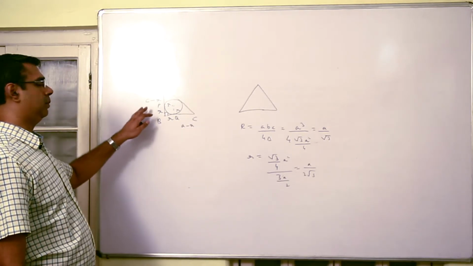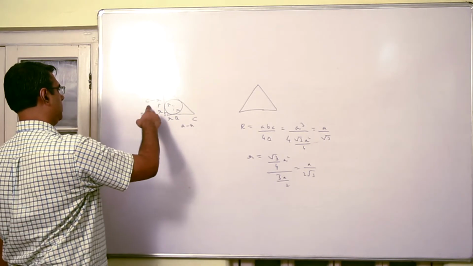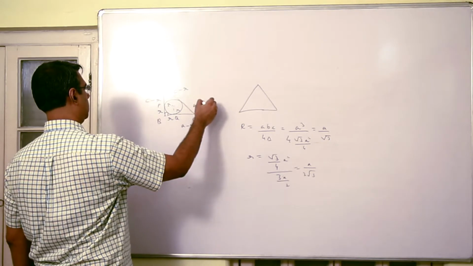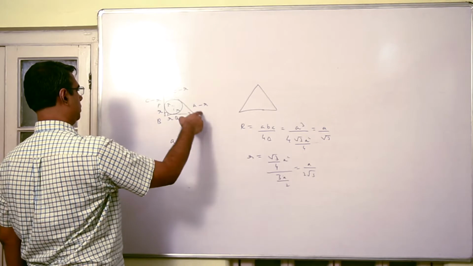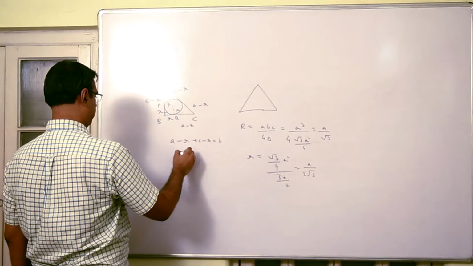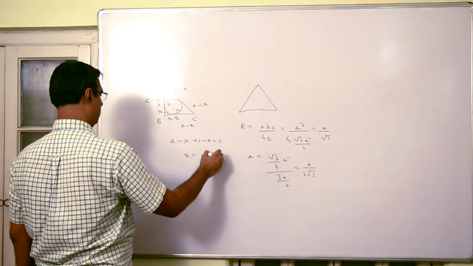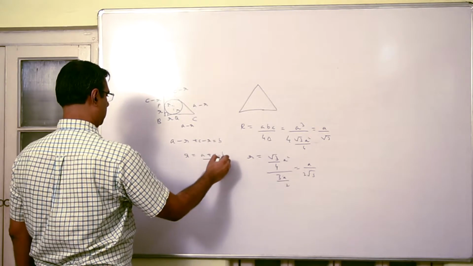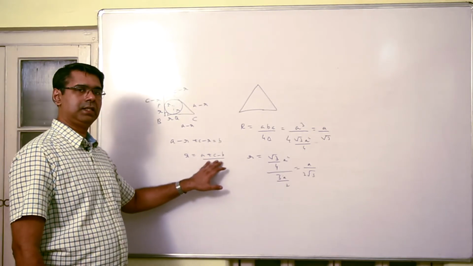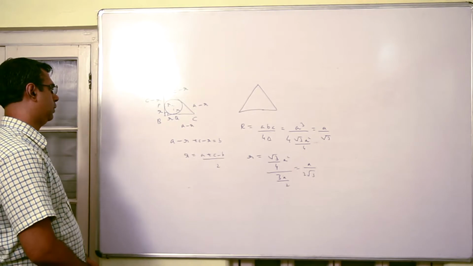So by tangent properties of class 10, these two will both be the same, these two will both be the same, and these two will add up to give the hypotenuse, which is B. So if you are talking only about a right angle triangle, it is better to use inradius is (A plus C minus B) by 2.